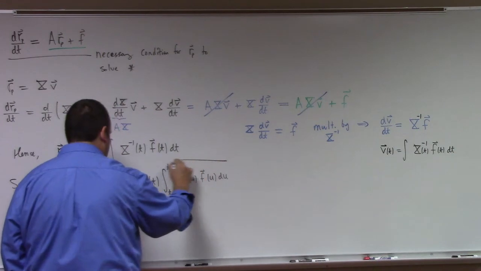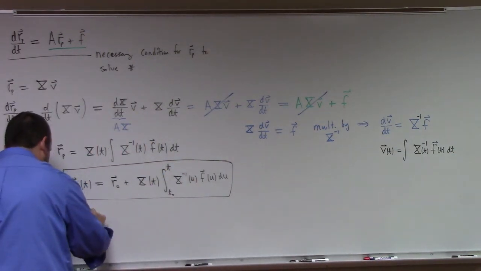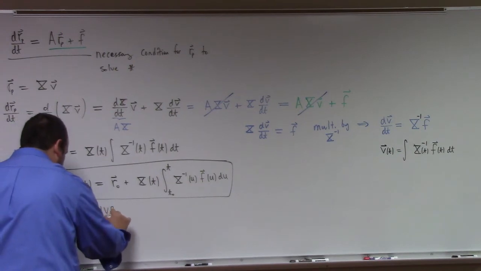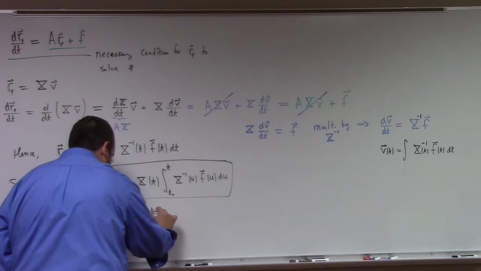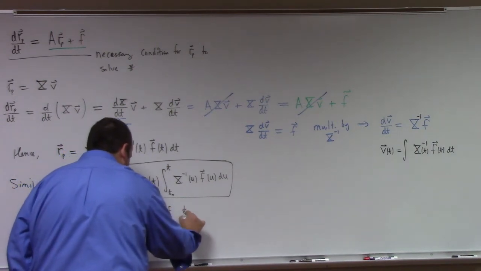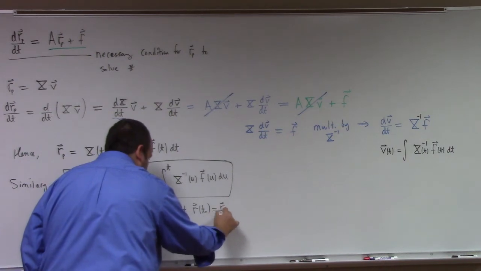This right here solves the initial value problem, dr dt equals ar plus f, and r of t naught equals r sub naught.